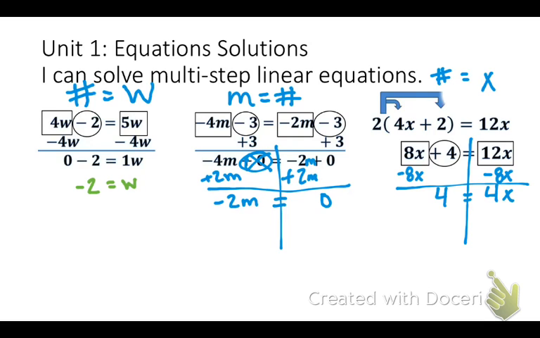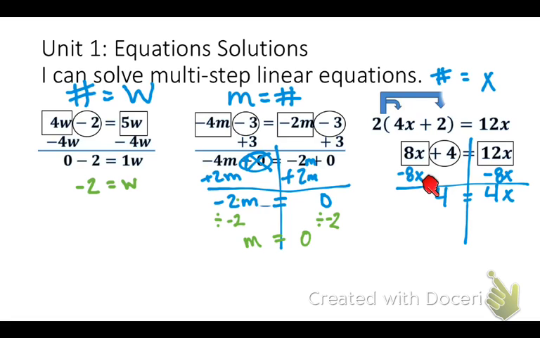Well, I know that when a number is touching my letter, that means multiplication. So I've got -2 times m. The opposite of times is dividing, and the whole -2 goes with it. Now I have m equals 0. So 0 divided by -2 is still 0.